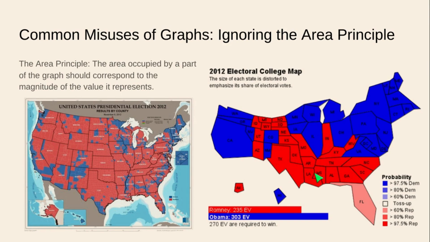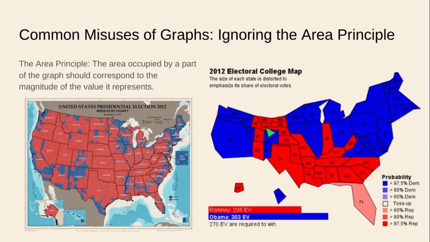But all the same, you have an electoral map that follows the area principle. The size of each state corresponds to the size of the population of the state. All right, we have Wyoming over here being wee tiny and very large relative to states in the Northeast.